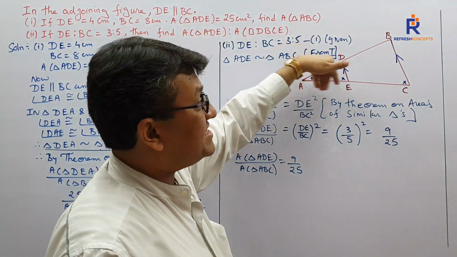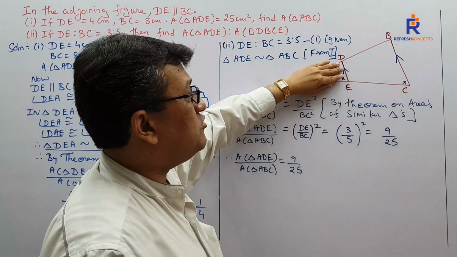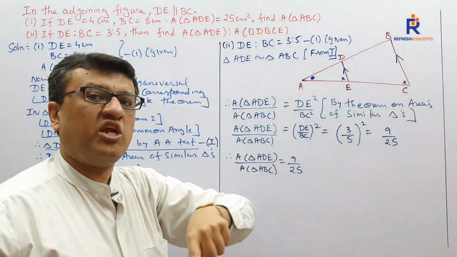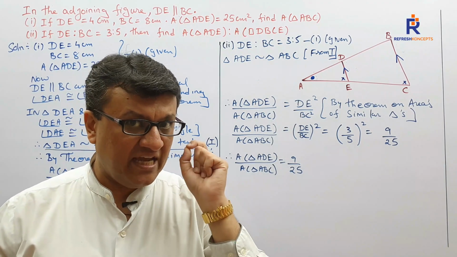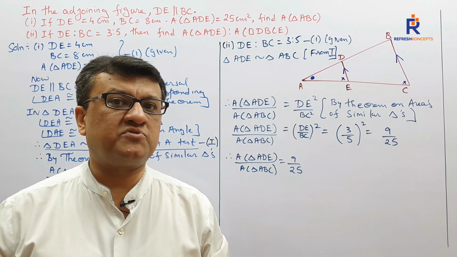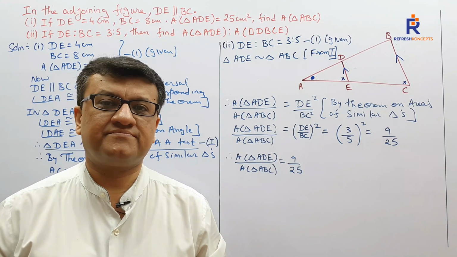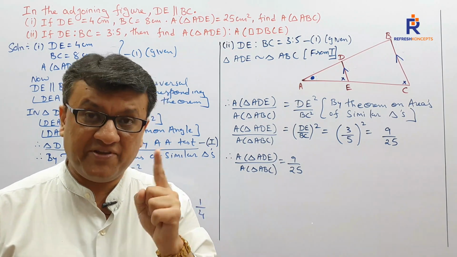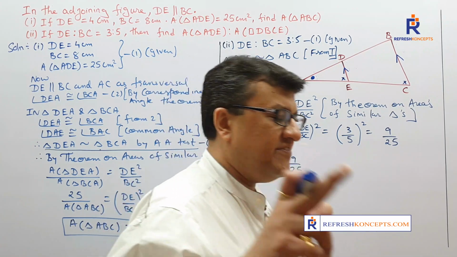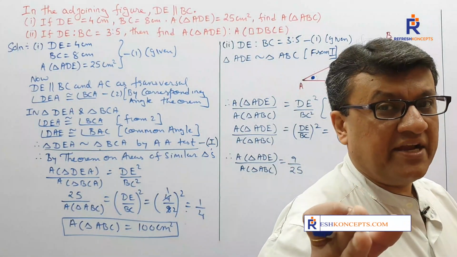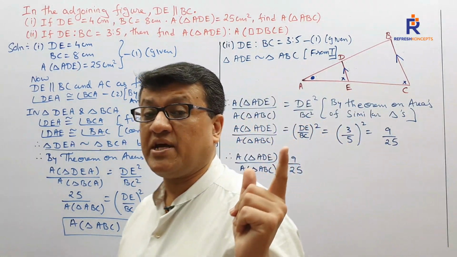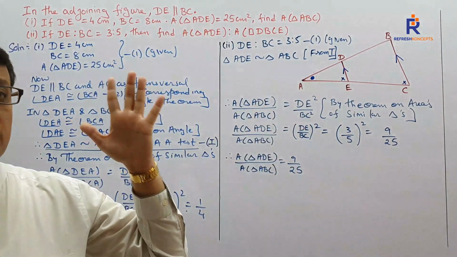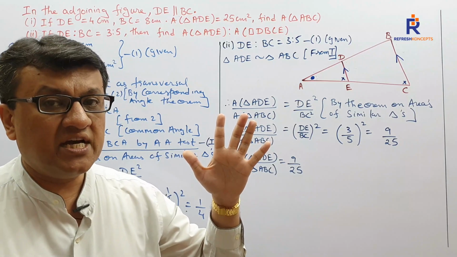So from the entire bigger triangle ABC, I intend to subtract. In ratio, whenever we talk about subtraction, we are talking about dividendo. And whenever we talk about addition, we are talking about componendo.